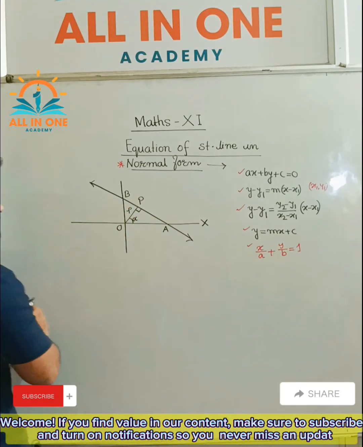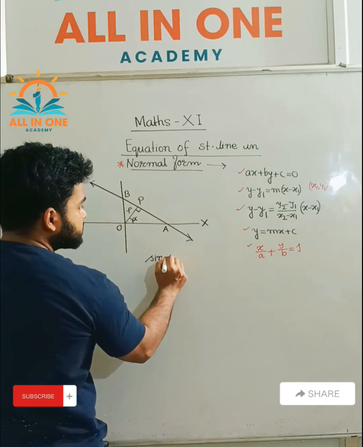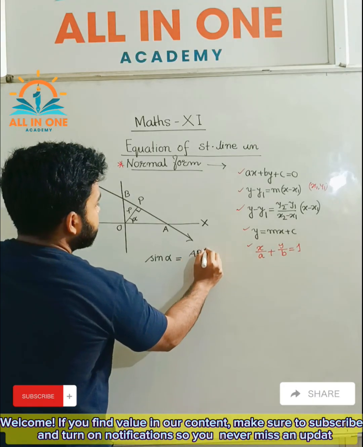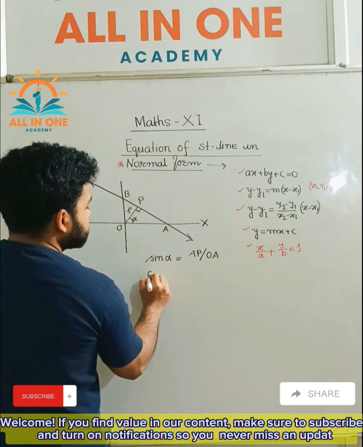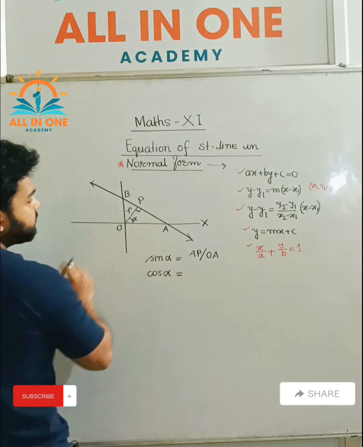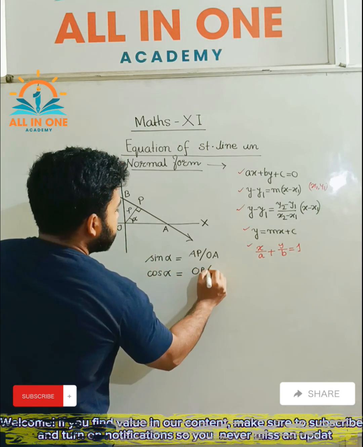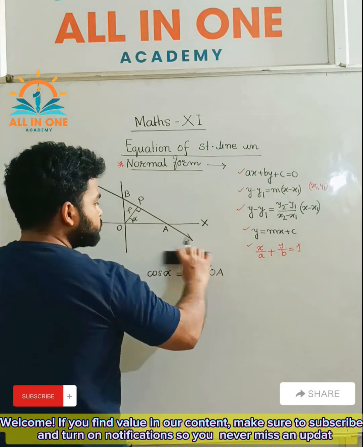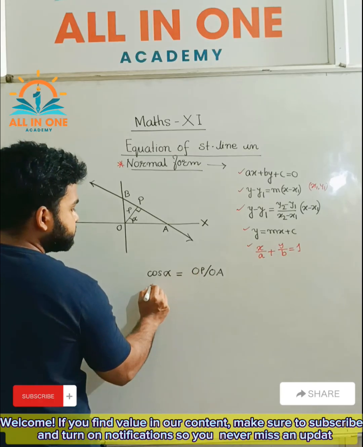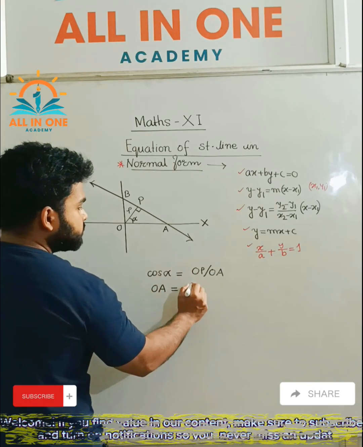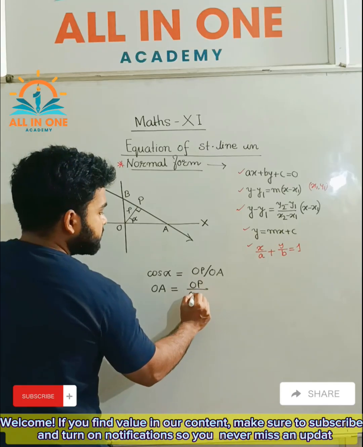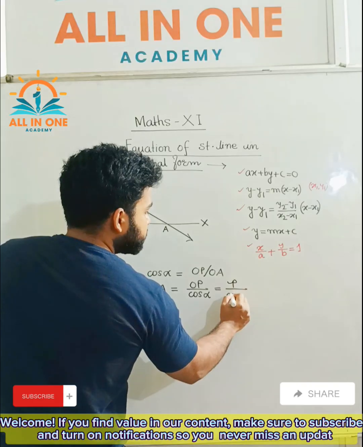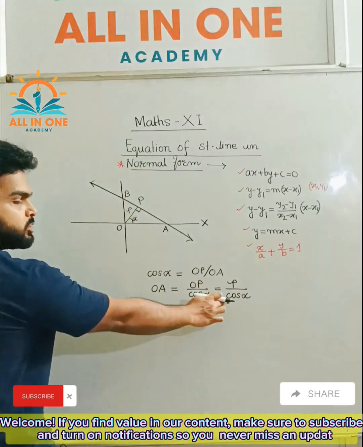If we want to find sin alpha, sin alpha equals AP by OA, and cos alpha equals OP by OA. We don't need sin alpha right now, so we will use cos alpha. From cos alpha, OA equals OP by cos alpha. But OP was small letter p, which we already considered. So we have got the value of OA.